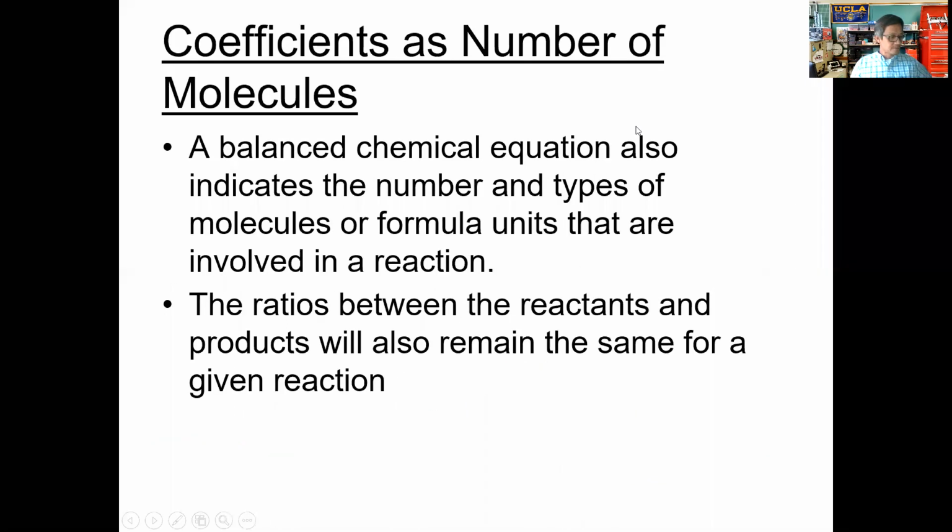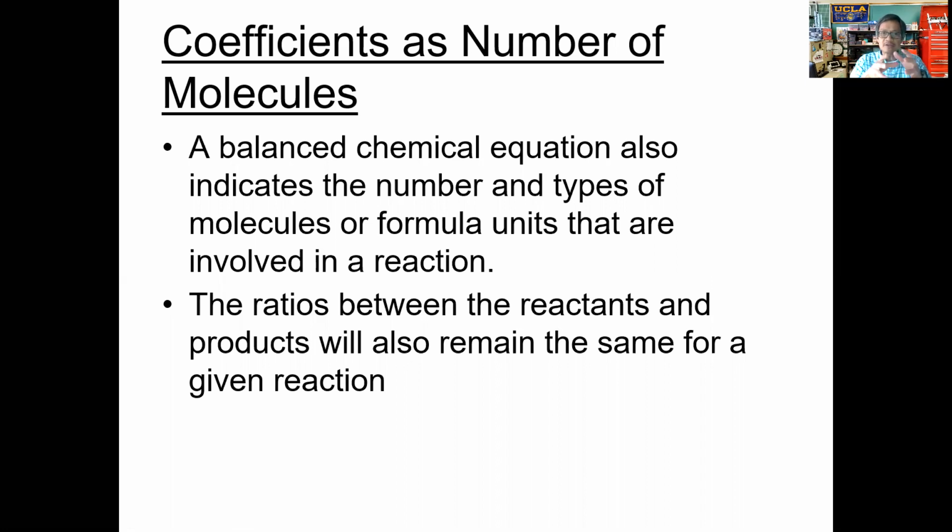So with that said, what we have is the ability to interpret that. Now, the balanced equation also tells us how many molecules are involved, and also the number of units, formula units, involved in a chemical reaction. So basically, the amount of a particular compound or an element that's involved in the reaction itself.